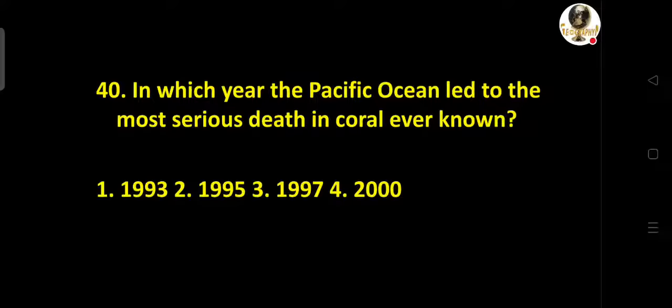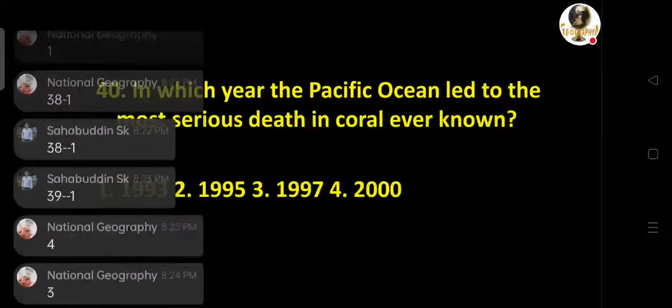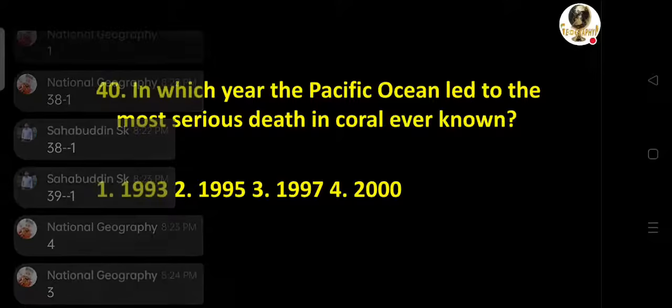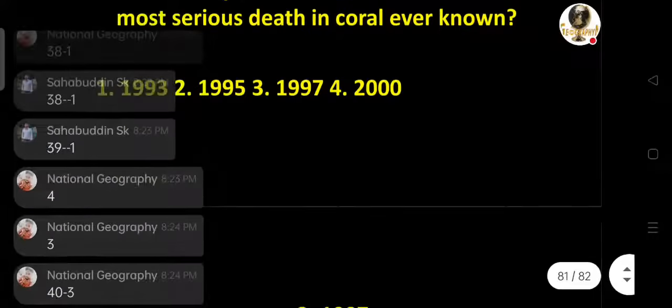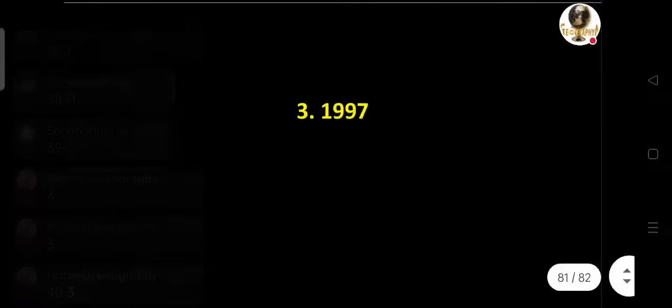In 1997 the severity of periodic warming in the Pacific Ocean led to the most serious death of coral ever known. It is estimated that about 10% of the earth's coral reefs died and another 30% were seriously affected. So the correct answer is 1997, option 3.